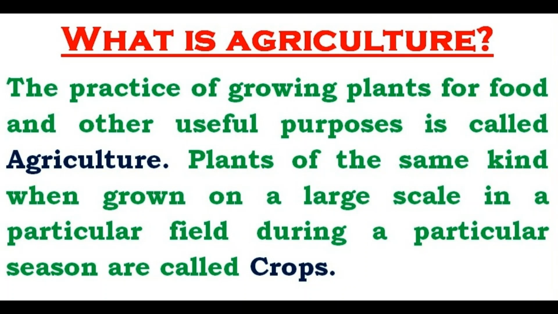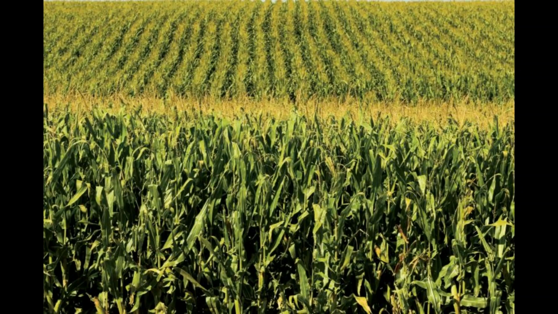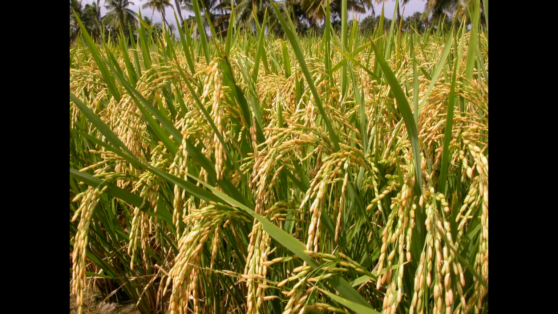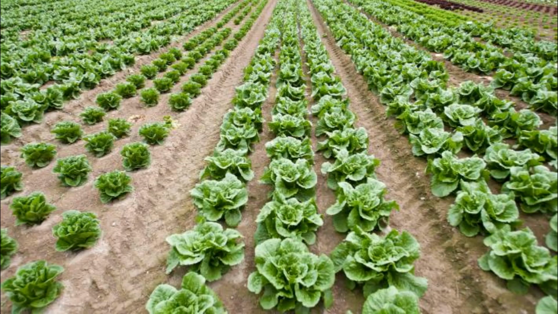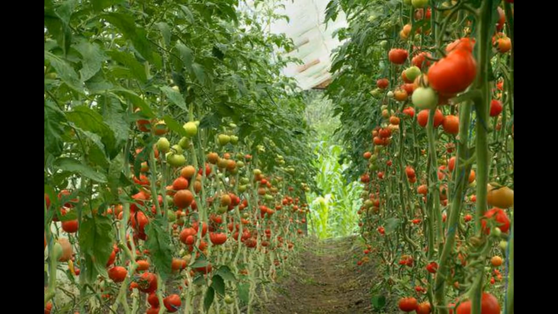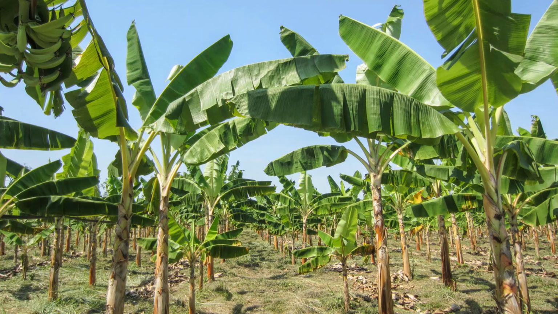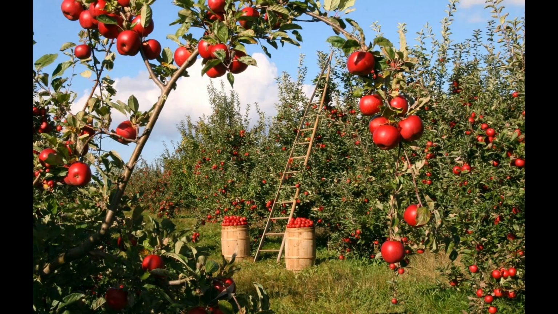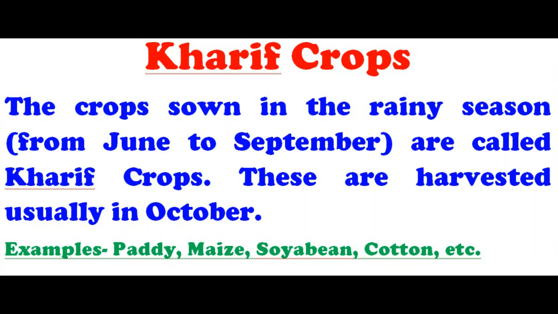Right? Now, crops can be of various types. They can be cereal crops, vegetable crops, orchard or fruit crops. But according to the temperature, humidity, rainfall and different climatic conditions, in India we fundamentally divide the crops into two types.